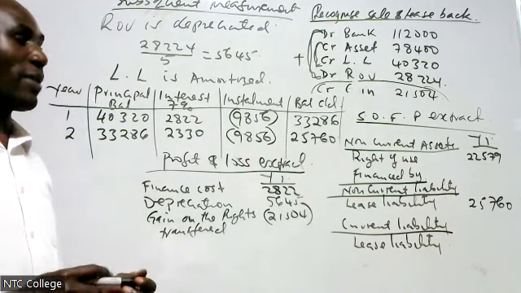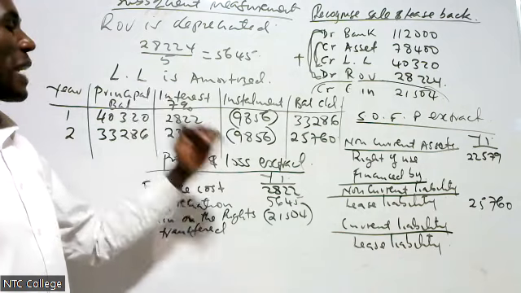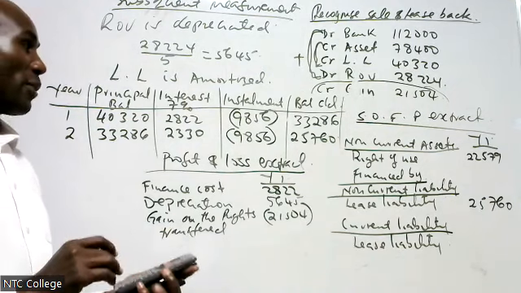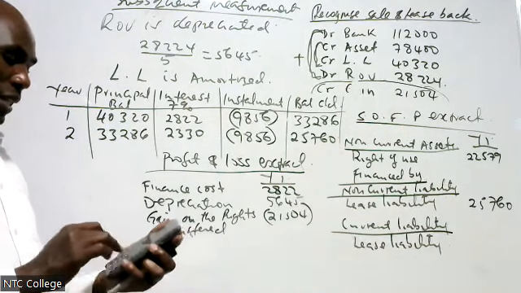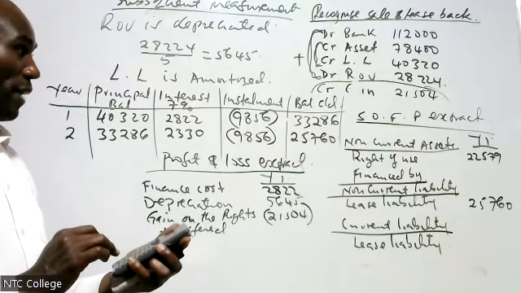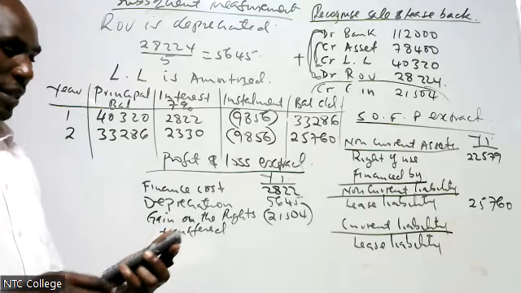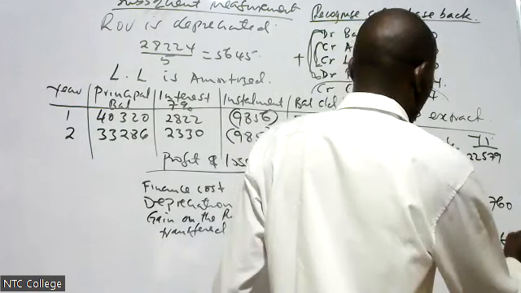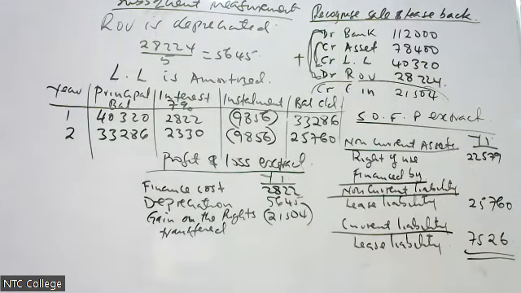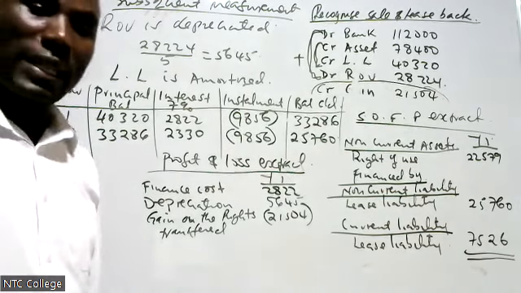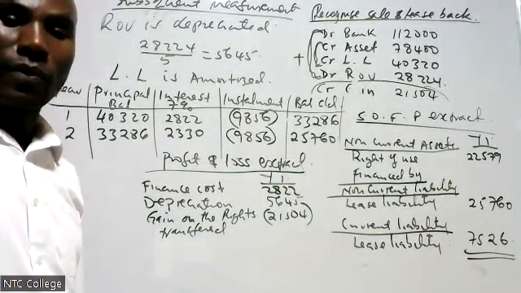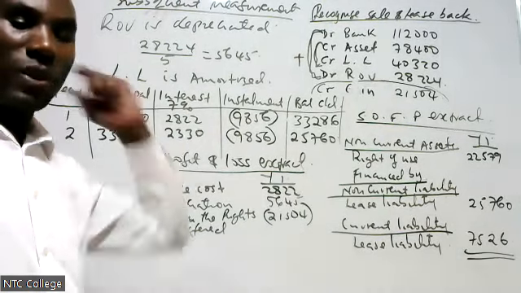Then, for the current liability, you take the difference, which is 33,286 minus 25,760, giving 7,526. That is the current liability. That is what the examiner wanted to give you 8 marks.